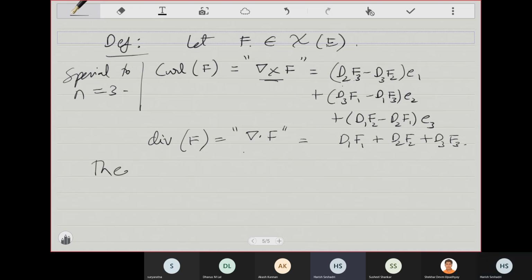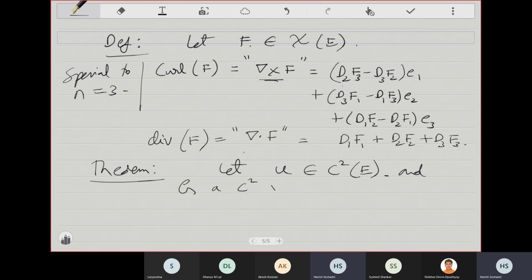So now let's see a nice link between this and our differential forms. Let U belong to C2 of E and G be a C2 vector field on E. Since it's C2, I'm not using the chi of E notation; chi of E is just C1, so I'm assuming something stronger here.